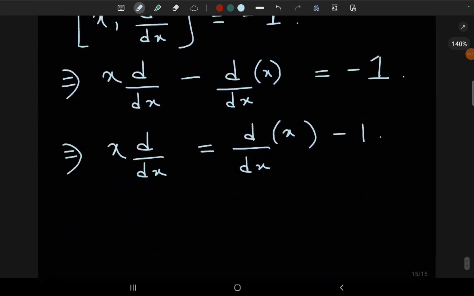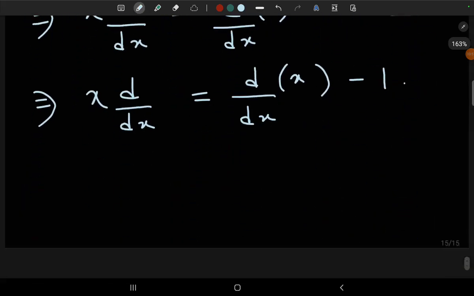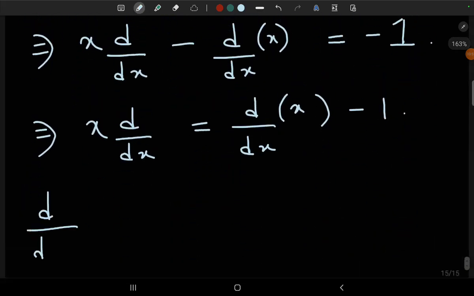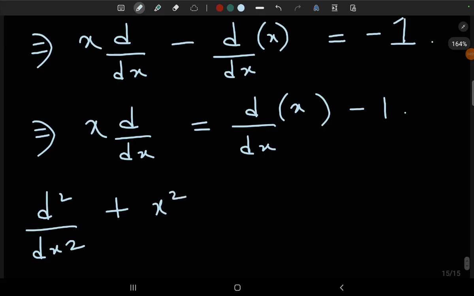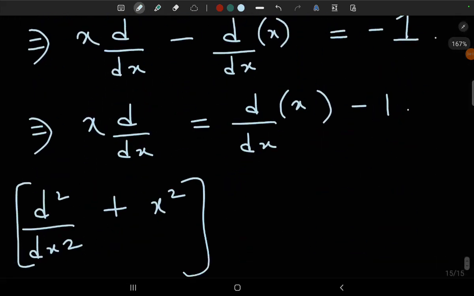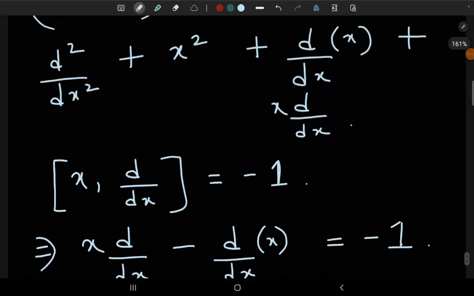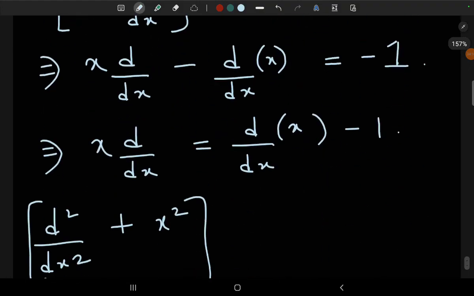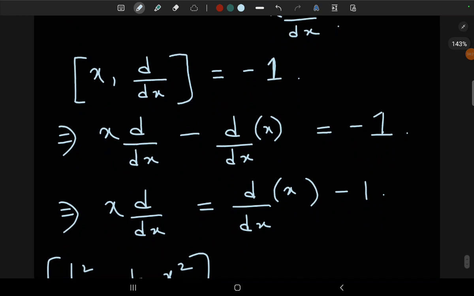So put this back into our original equation. The original equation looks like d2/dx2 plus x squared plus x d/dx is d/dx x minus 1.